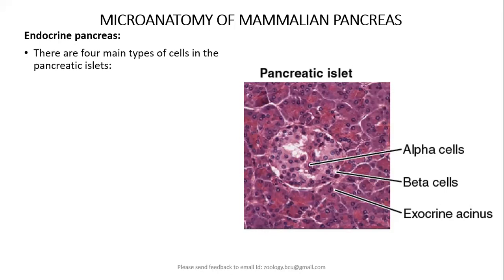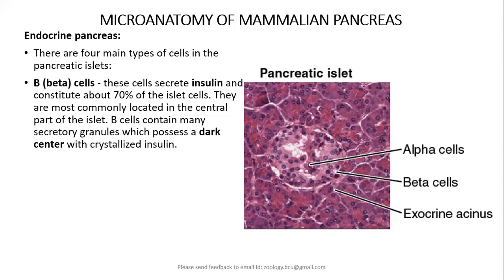So when we proceed further, these islets of Langerhans are made up of four types of cells. Beta cells are the first type of cells, which are large in number. These beta cells secrete insulin, as we all know, and they constitute about 70% of islets of Langerhans.